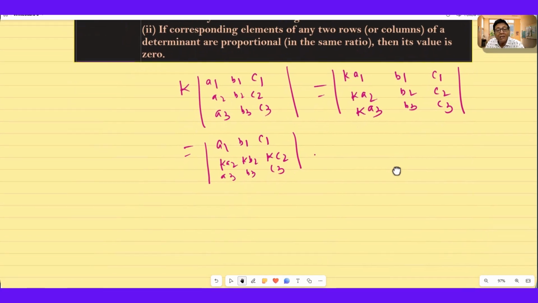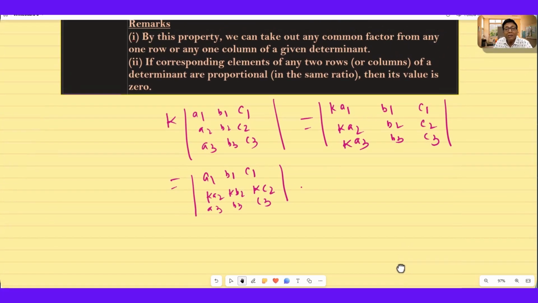Now, can we get the original step back? Of course. In a determinant, if a row or column is multiplied by a scalar, then that scalar can be taken out. So, this is one application. Now, suppose I am just passing the remarks on it, okay?